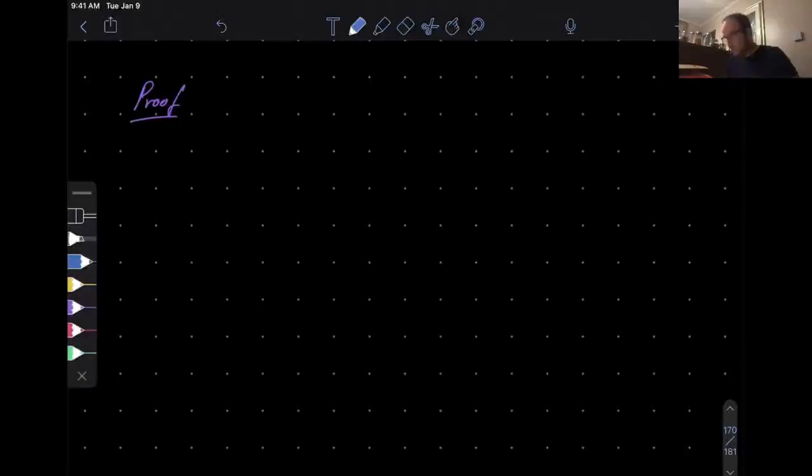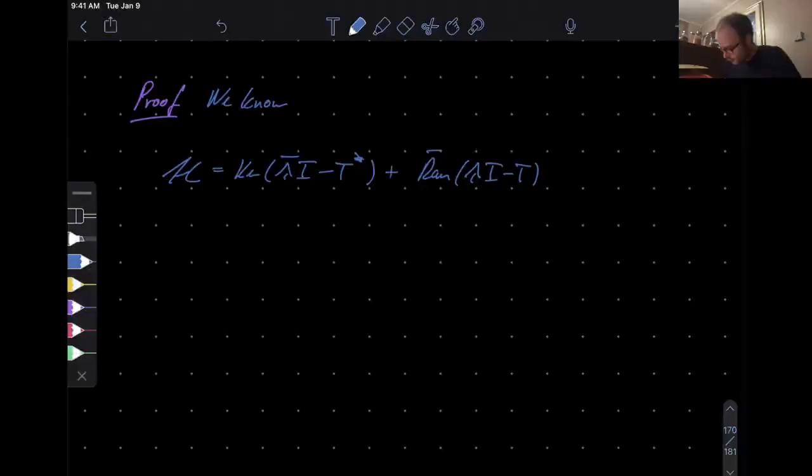So proof, well, that guy with normality, residual spectrum empty, this we already did. So we know that by the projection lemma H is the kernel of lambda I minus T star plus the closed range of this.